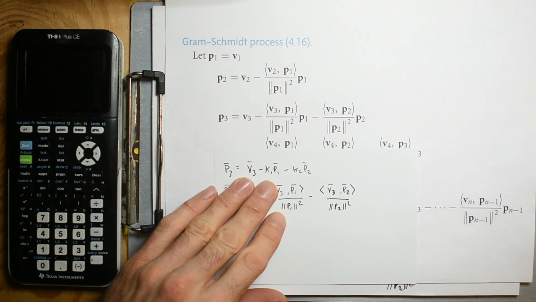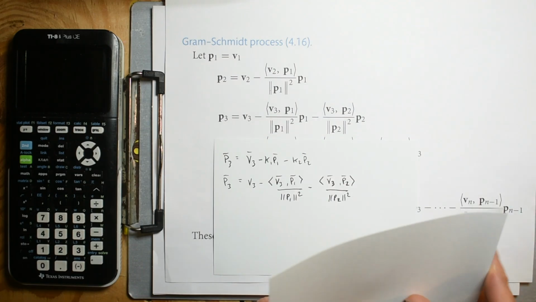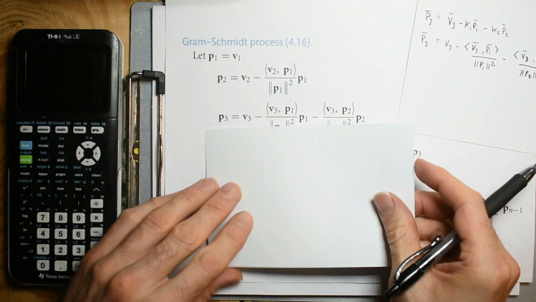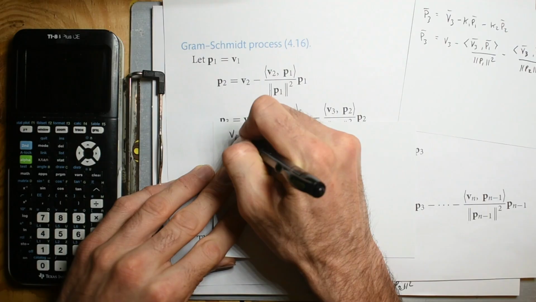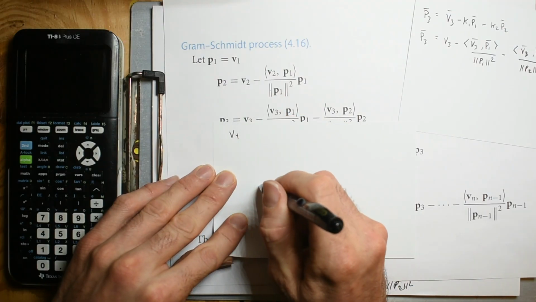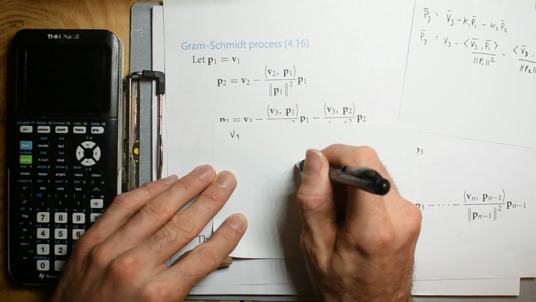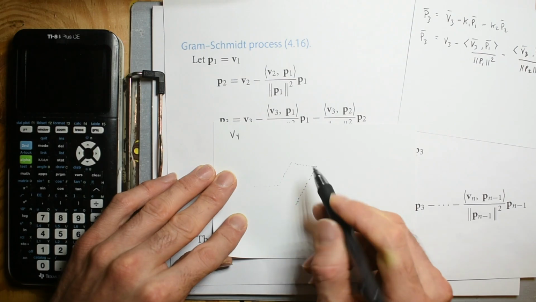So what would be the strategy to add a fourth direction? I would think of it like this. First you're going to do V4. We're going to say V4 is one way, then perpendicular another way, then perpendicular another way, and then perpendicular a fourth way.